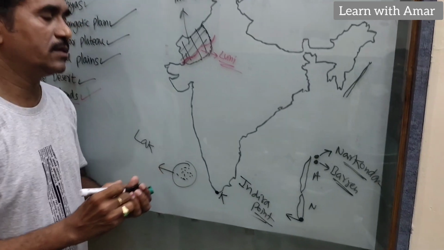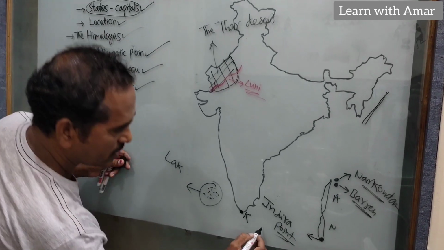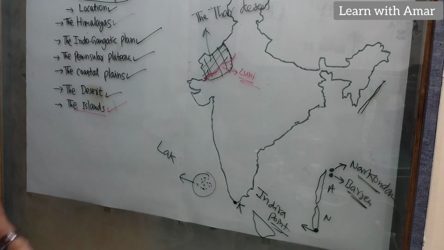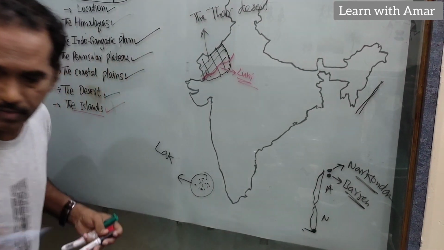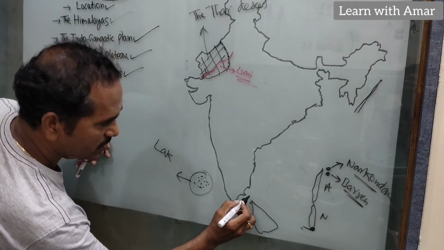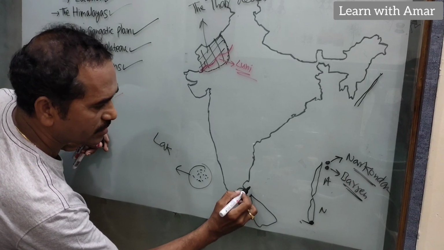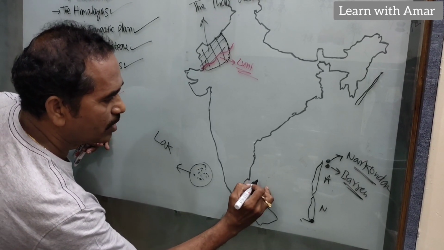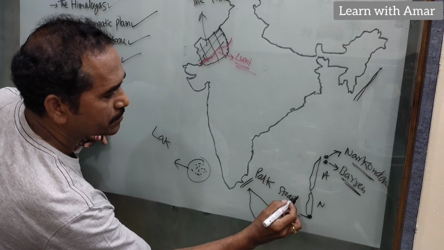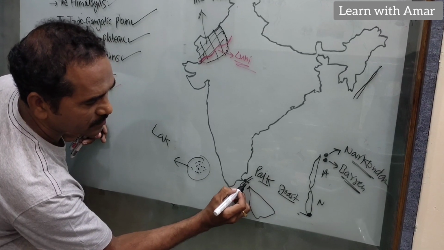So these are about. What is the strait which divides India and Sri Lanka? Right. Very good. So Sri Lanka, it is Sri Lanka. So here we know 3 points. This one is Sri Lanka. The strait that divides Sri Lanka and India mainland. The strait is known as Palk Strait. Okay. Now see, some islands are here.